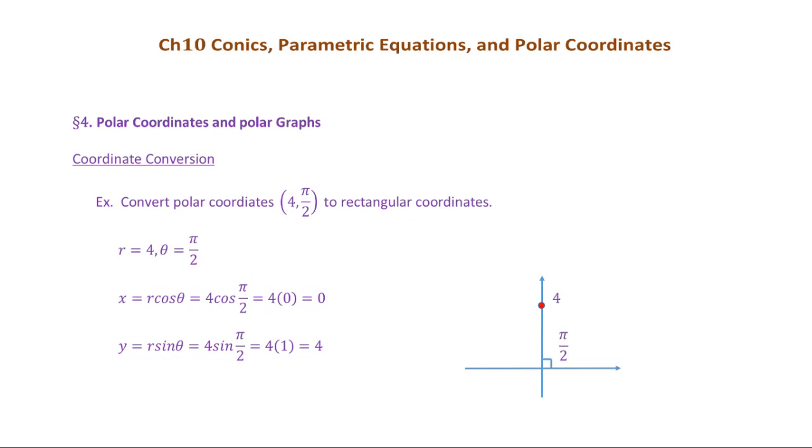So r cosine theta, that's just 4 times cosine pi over 2, and we know cosine pi over 2 is 0. So 4 times 0 is 0. So x equal to 0 in here, and y equal to r times sine theta. So that's 4 times sine pi over 2, and we know sine pi over 2 is 1, so we get 4 times 1 equal to 4. So the rectangular coordinates for the point is 0, 4.